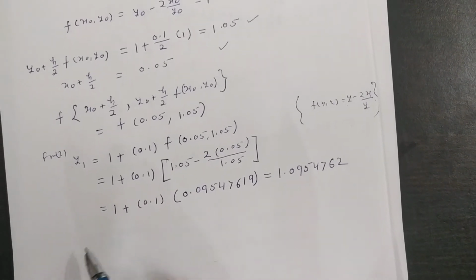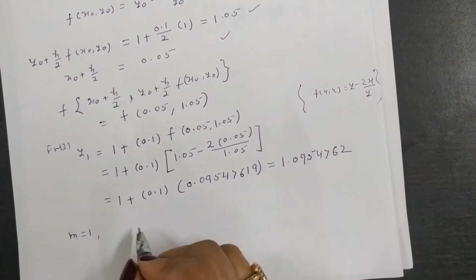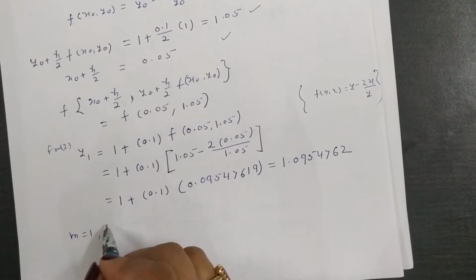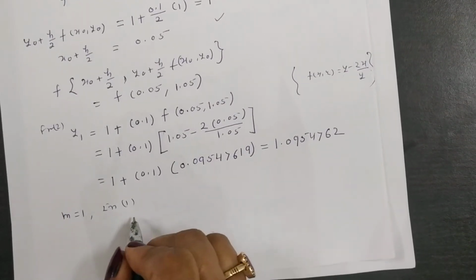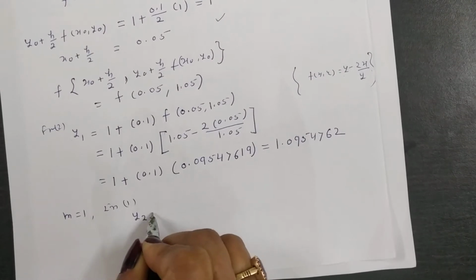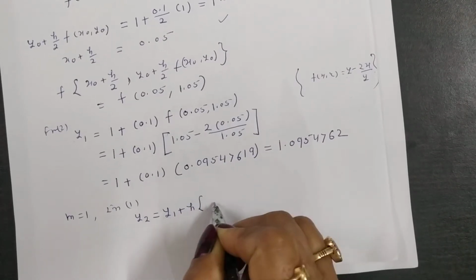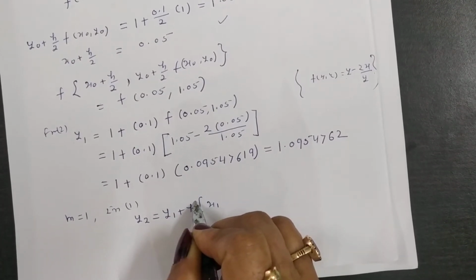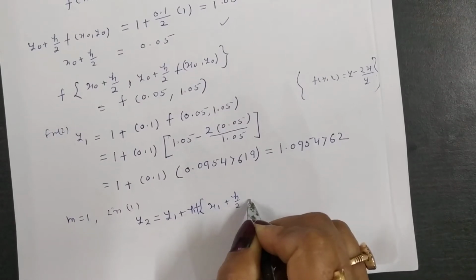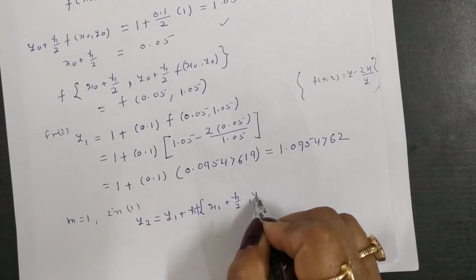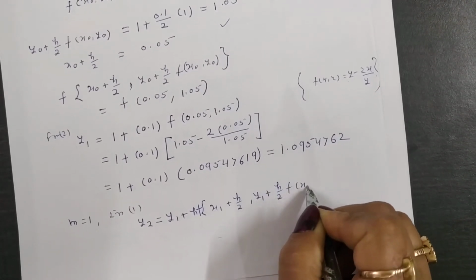Now similarly, if you substitute m as 1, then from equation number 1 we get y2 is equal to y1 plus h times f of x1 plus h by 2 and y1 plus h by 2 f of x1 y1.